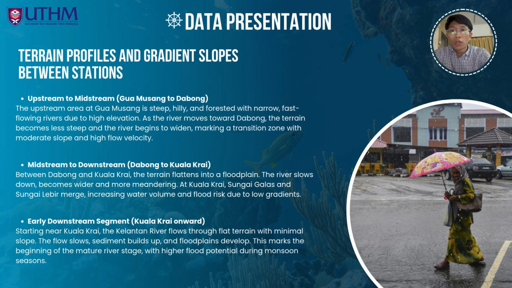For Dabong to Kuala Krai, which is the midstream to downstream, the terrain flattens into a plain and the river flows slowly. Near Kuala Krai, it becomes more meandering and receives tributaries, increasing flood risk due to low gradients. For Kuala Krai onward, which is the early downstream, the river flows through flat land with minimal slope, leading to sediment build-up and floodplain development, especially during the monsoon season.